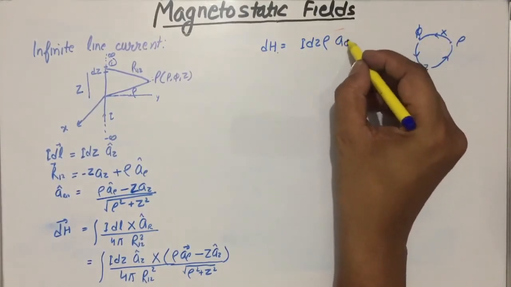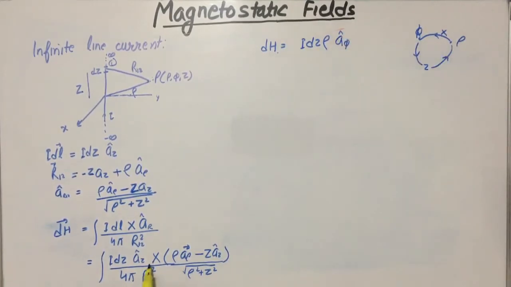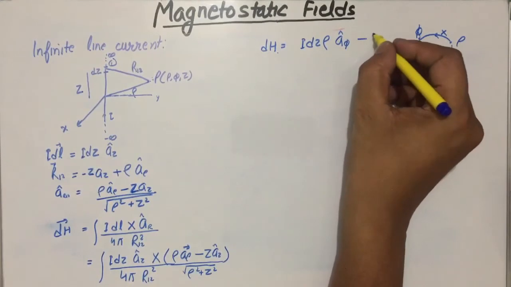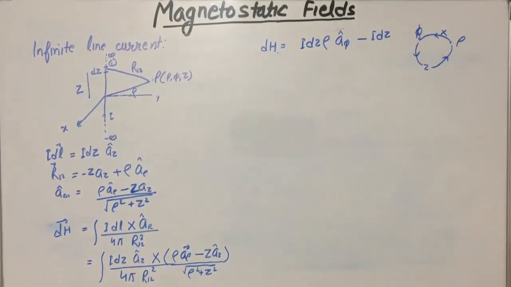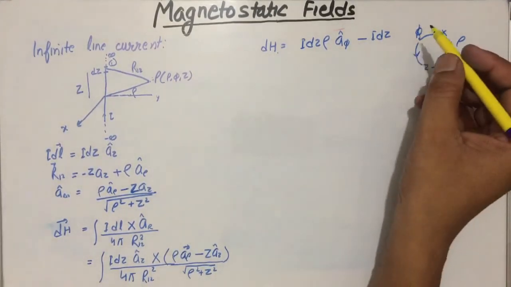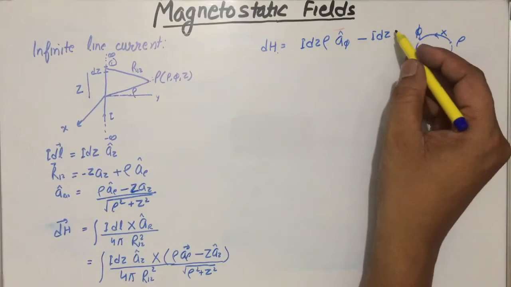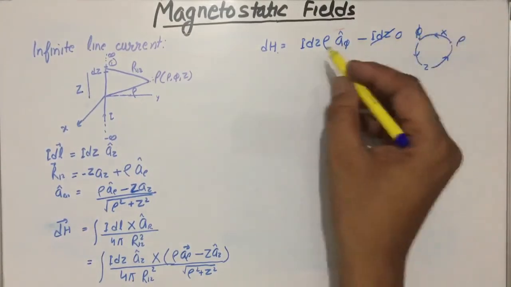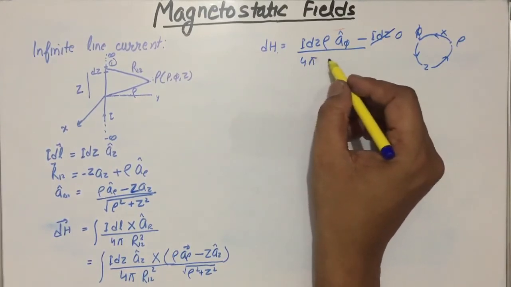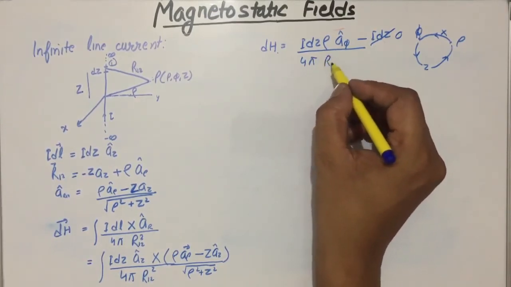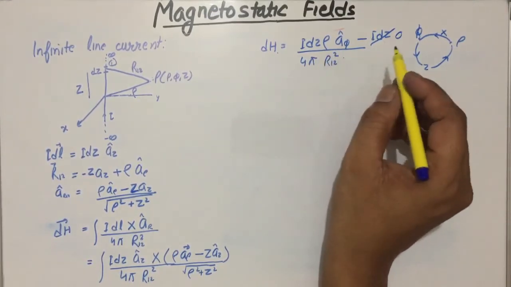And minus IDZ Z times the cross product of AZ and AZ, which gives 0, so this term will be 0. In the denominator it will be 4 pi R12 square.